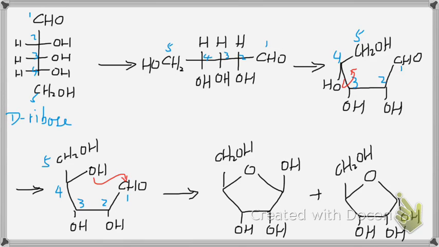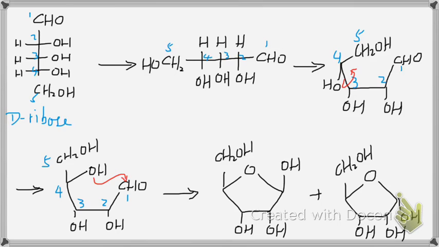But once we form the cyclic hemiacetal, we actually generate a new chiral carbon here on carbon 1. So on carbon 1, we have an OH group. This OH group could be either up or down. It has two possibilities, right?